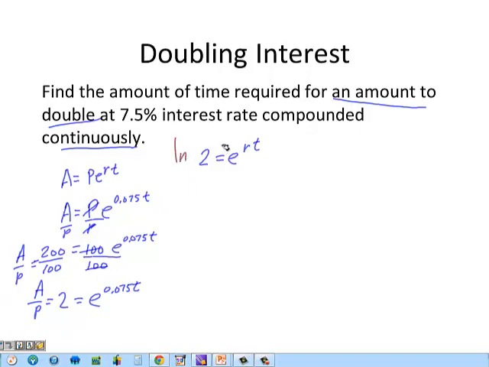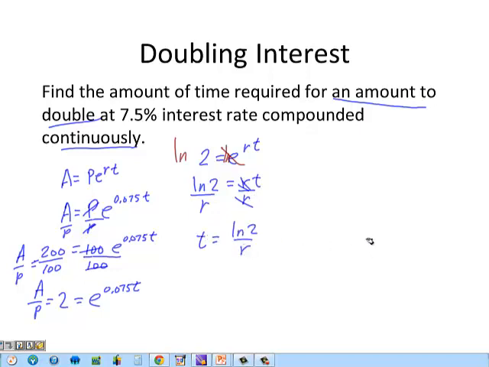to get rid of the e, that means that I'm going to have the natural log of 2 is equal to rt. And then since I'm solving for t, I get t is equal to the natural log of 2 over r.